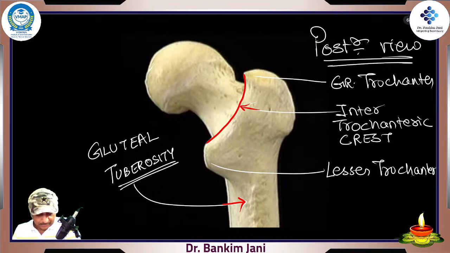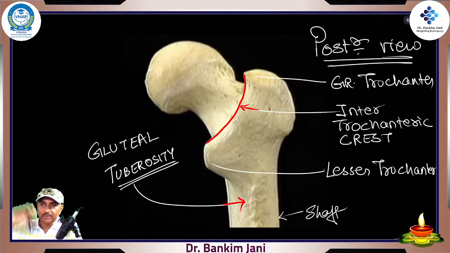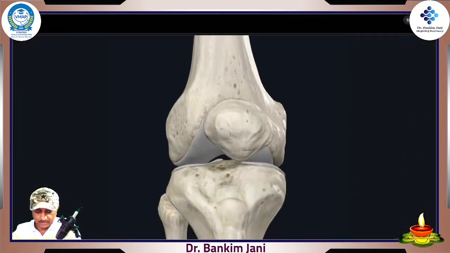So that is the gluteal tuberosity, because when the bone comes in your hand, this will be of great help. This is a long bone, so we'll call this the shaft of the bone, and then the head end and the lower end, which forms the knee joint.